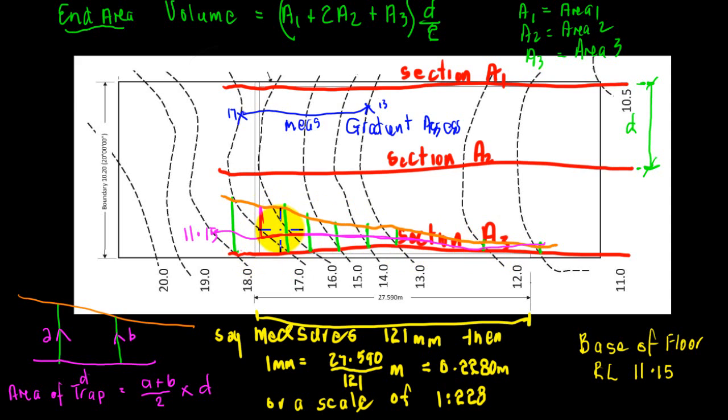And don't forget to show your volume in meters cubed. So your volume is in meters cubed, your areas will be of course in meters squared, and your distances and what have you here are in meters.